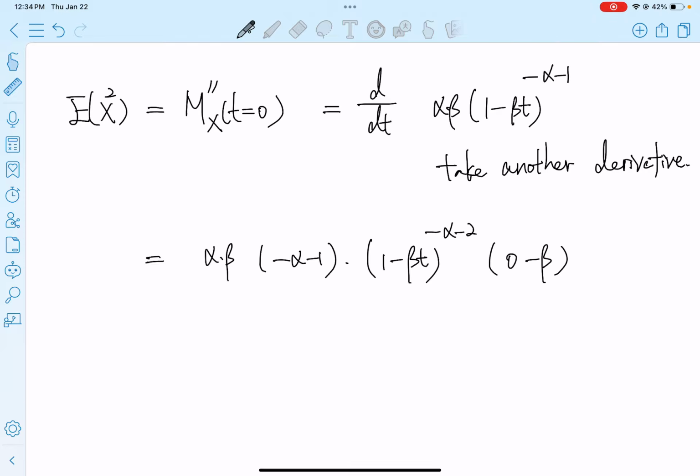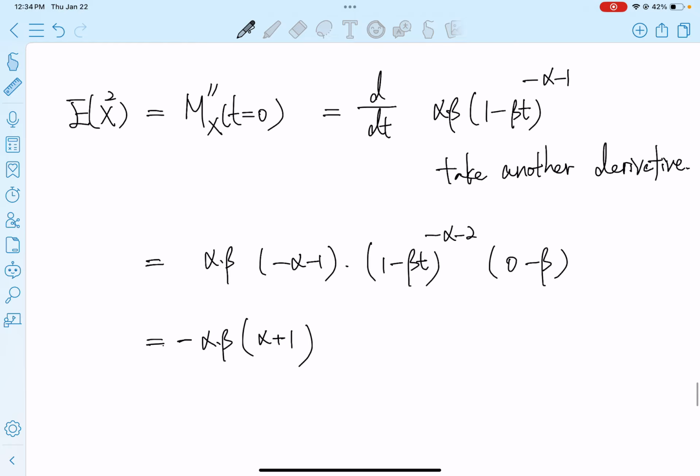So here we have alpha beta. Let me bring a negative sign to the front. That means we have alpha plus 1. I'm just bringing the negative sign to the front. We'll also have (1 minus beta t) to the negative alpha minus 2.